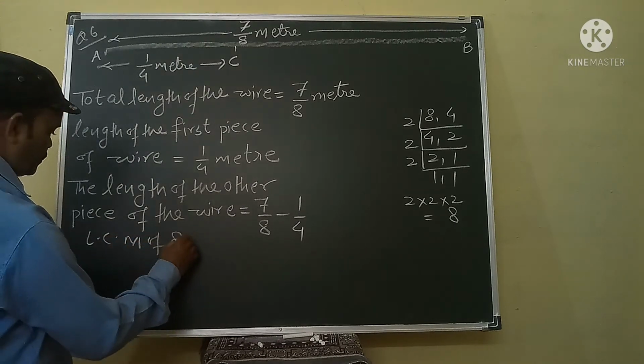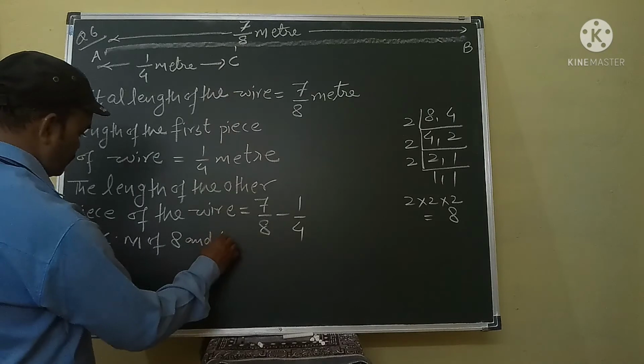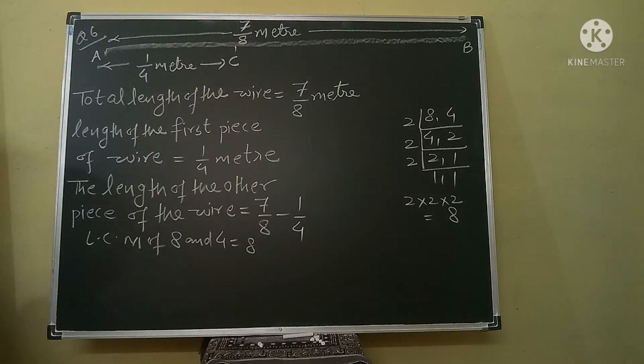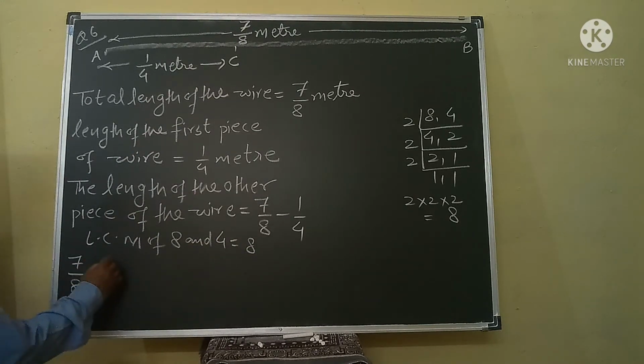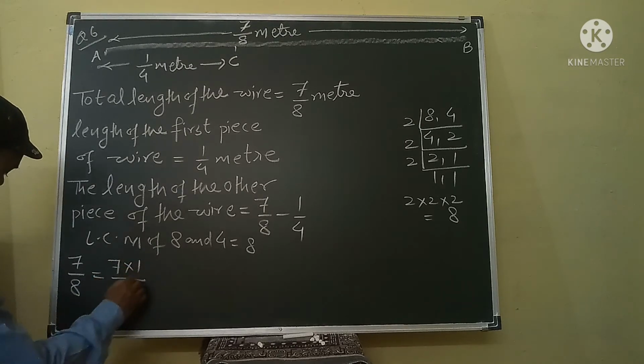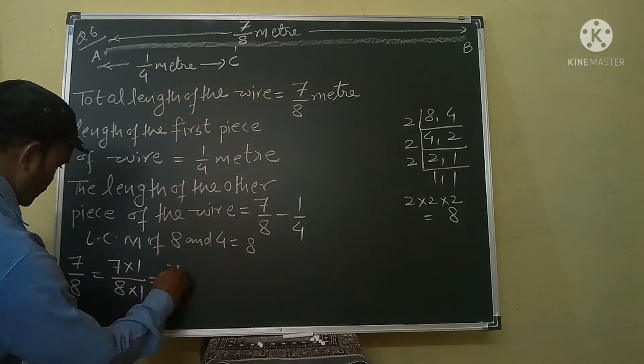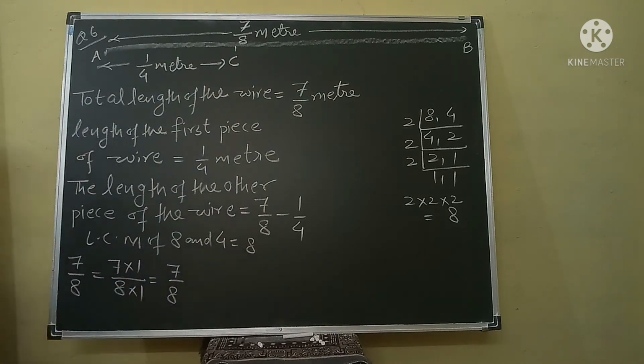LCM of 8 and 4 is 8. And what are you getting? This is 7 upon 8 and LCM is 8. So what will you do? Multiply numerator and denominator by 1. 7 into 1 upon 8 into 1. 7 ones are 7, 8 ones are 8. Then what we will do?